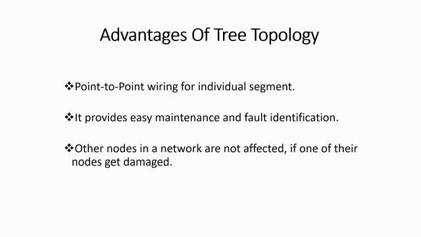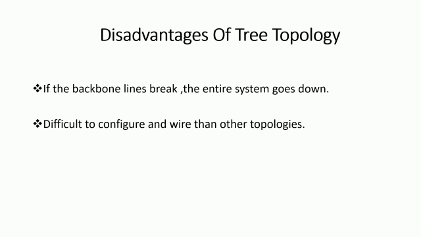On the other hand, if one node goes down or if one node gets damaged, it won't affect our network. Other nodes of the network will function normally. So these were some of the advantages of tree topology.